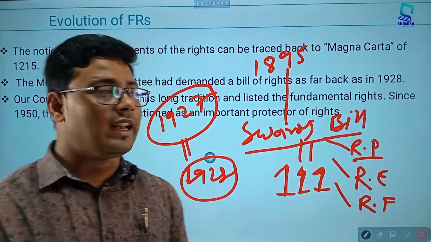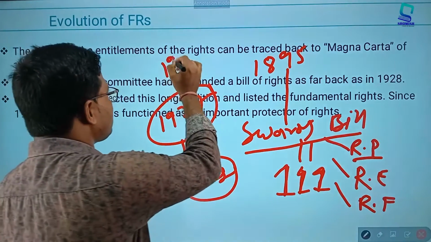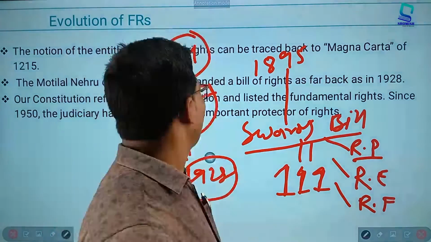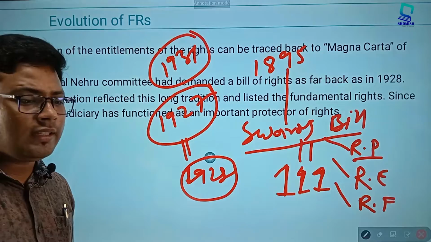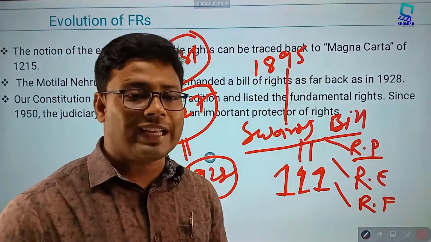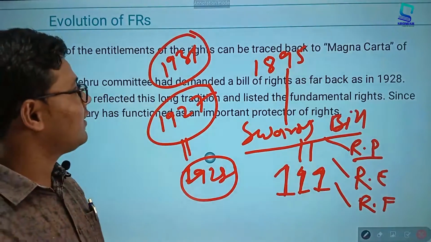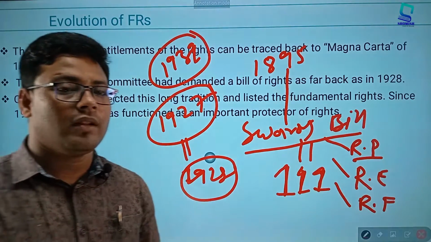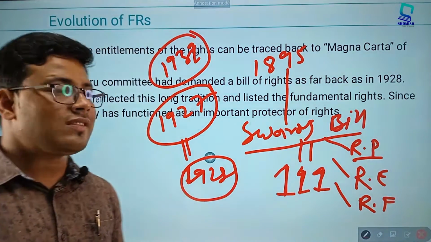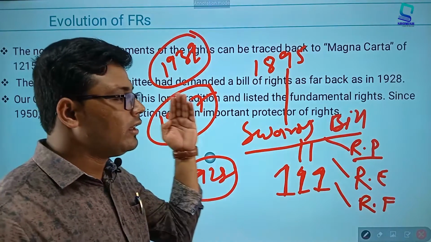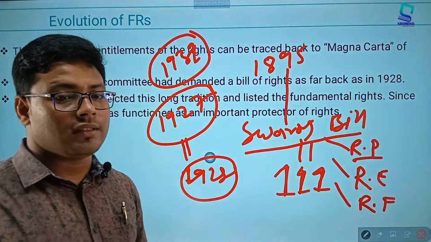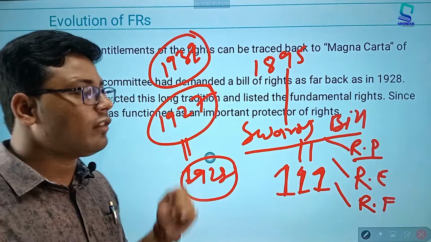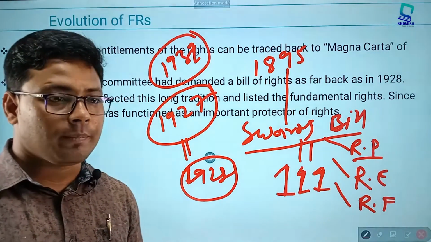Thereafter, in 1931, the Karachi session of the Indian National Congress again officially took a resolution for the Indian Constitution, and one of the pioneering matters was the fundamental rights of the people of India.